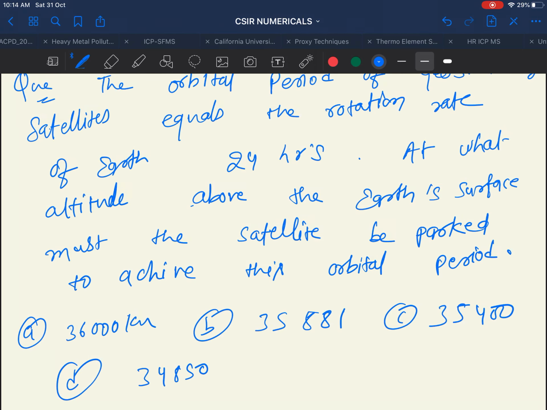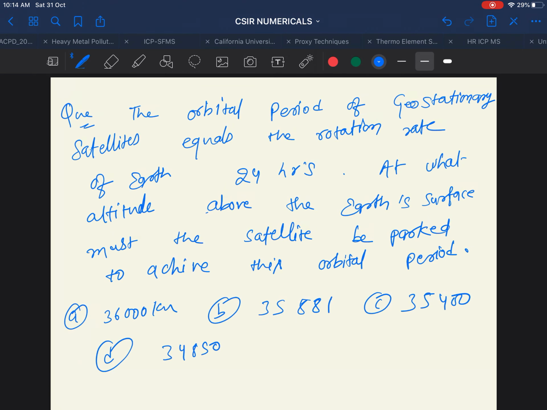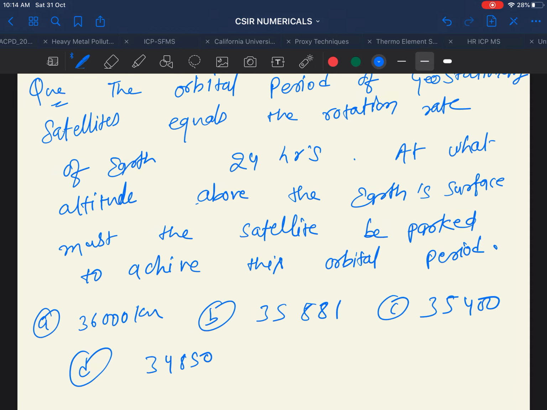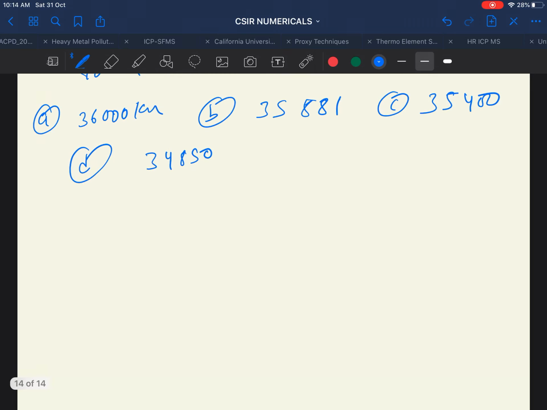Again, the orbital period of a geostationary satellite equals the rotation of the earth, that is 24 hours. We have to find at what altitude the satellite must be parked to achieve this orbital period.